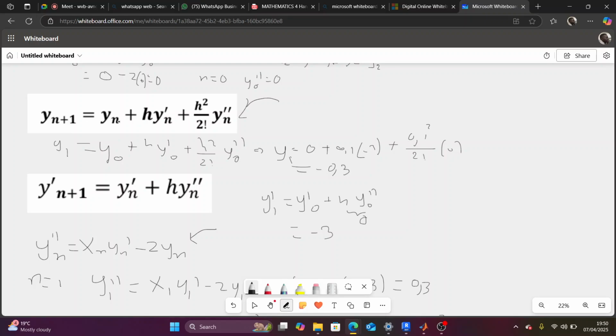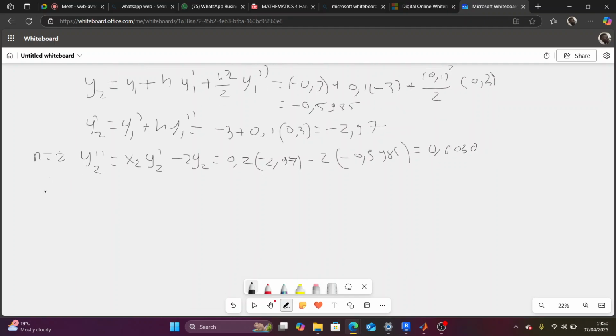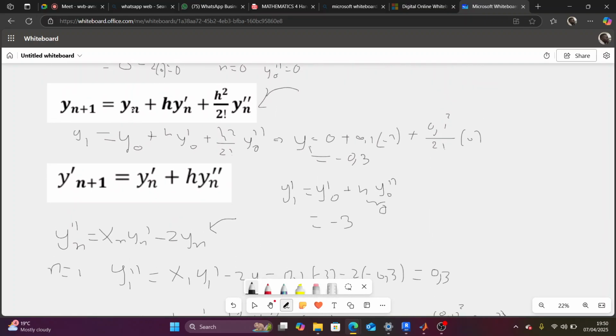So if we use this formula, if we had n equal to 2, how does this formula become, guys? It becomes y3. Do you agree? Yes. It becomes y3 equal to what? This one is y2.